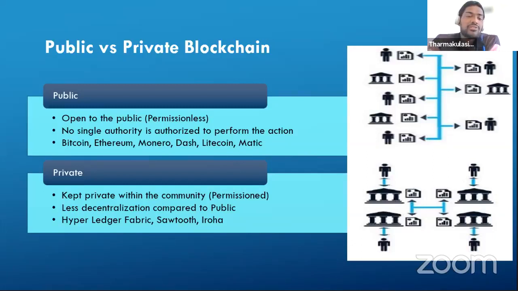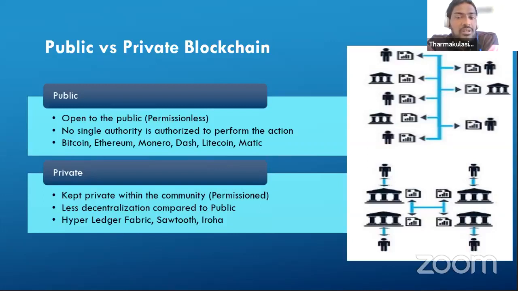For those kinds of purposes, private blockchains were introduced. A private blockchain is kept within the community, so nodes need to be permissioned. There is one authorized node that controls who can join the blockchain. So it's less decentralized compared to the public one, because you have some authority.